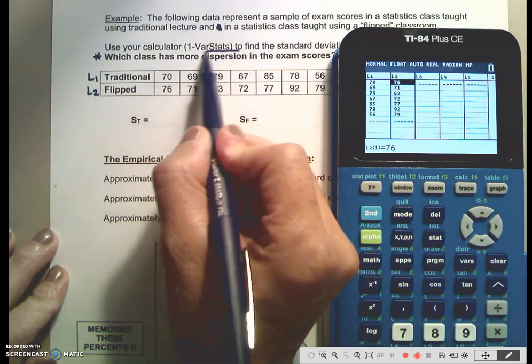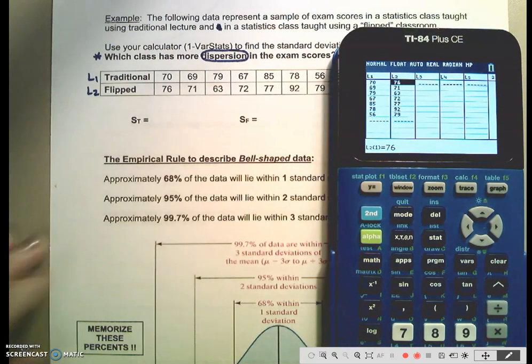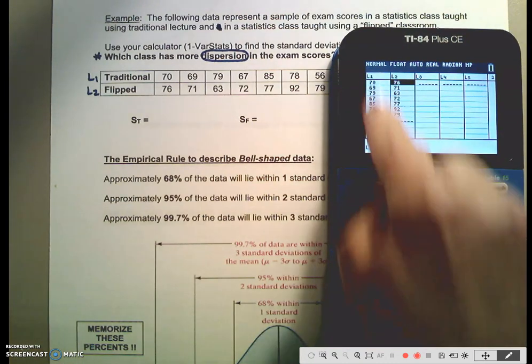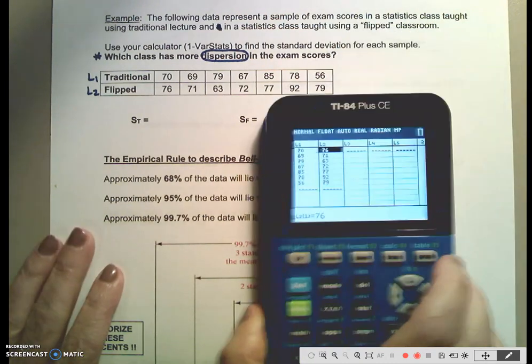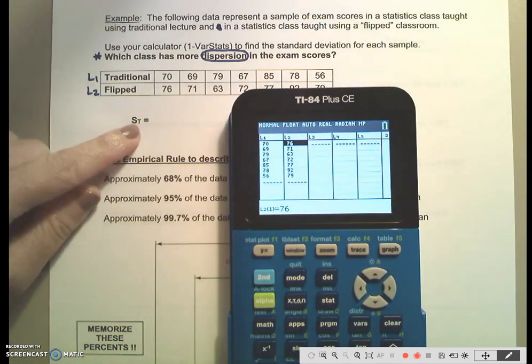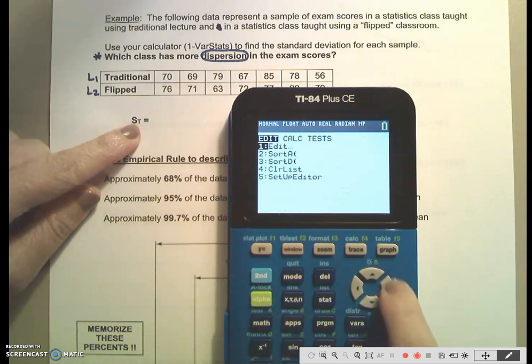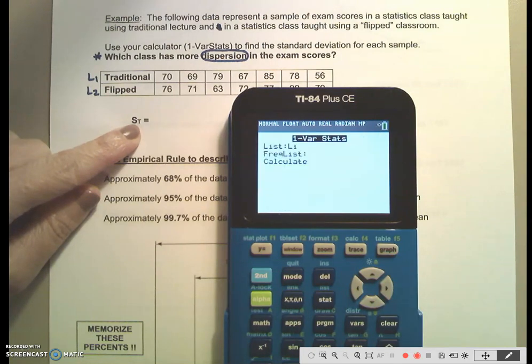I don't care who's got the bigger average. I want to know who has more spread. That's what I'm interested in. Okay, so to get the standard deviation for this sample here for list 1, that's for traditional, we want the calculator to look at list 1. You go Stat, Calculate, 1-Var Stats. You make sure that it says L1. We're going to go down to Calculate.